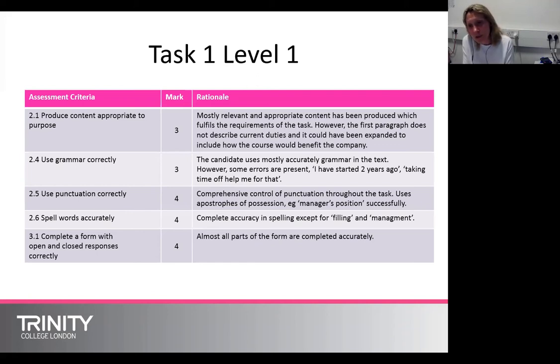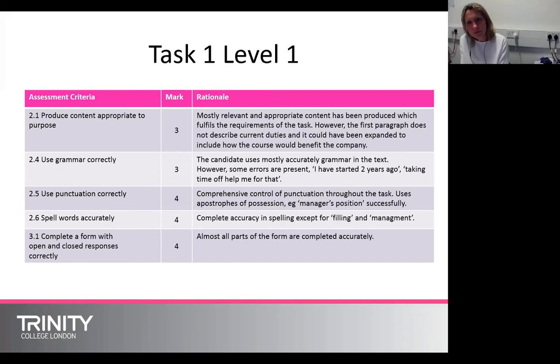In terms of punctuation, the candidate demonstrated a wide range of punctuation, and it's well controlled. So there are apostrophes for possession, for example, which are used successfully. Spelling and the range of lexis is very accurate.